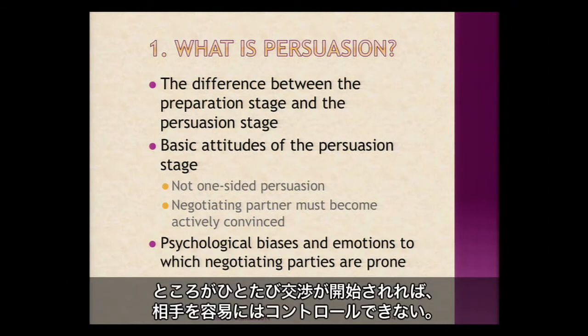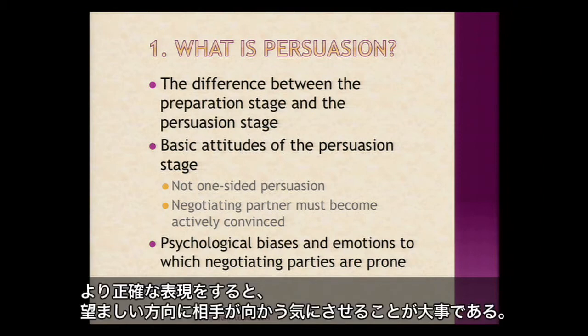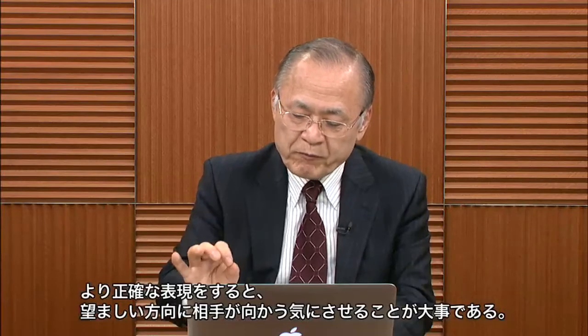However, once negotiation has started with counterparts, you cannot expect to control your counterpart so well. More specifically, it is important to have your counterpart become actively convinced to go in a desirable direction.